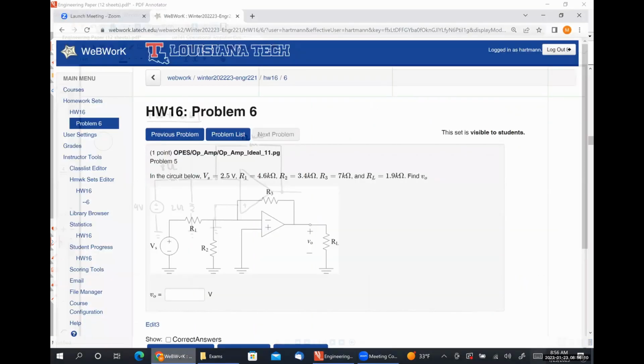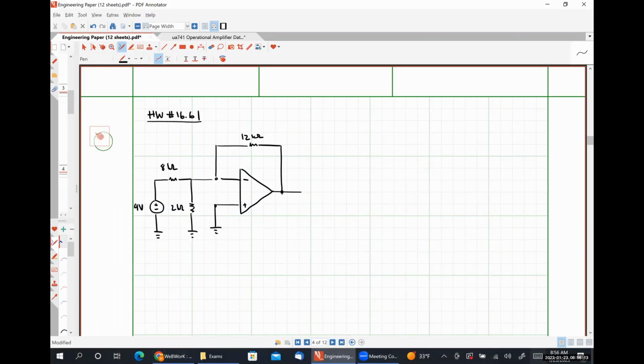Was there a load resistor as well? Yeah. 10 kilo ohm. And here is V out.